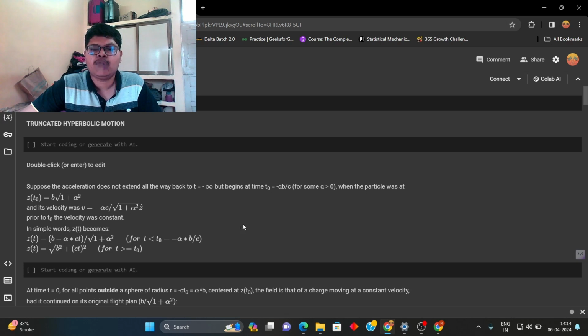Before t naught, the particle was traveling with a constant velocity, and after t naught it experiences some force, because of which it follows a hyperbolic path.